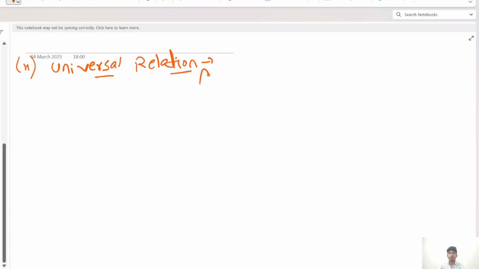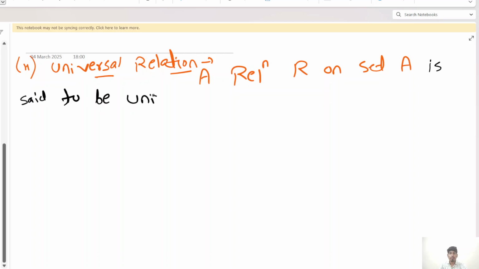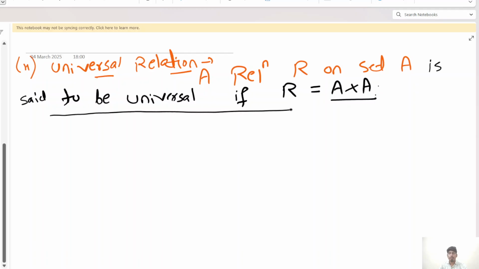A relation R on set A is said to be universal if R is equal to the Cartesian product A cross A. Okay, this is our universal relation.